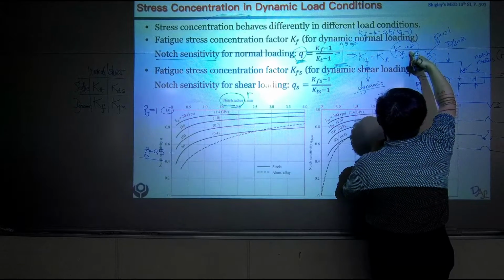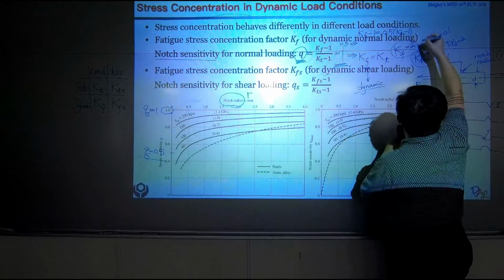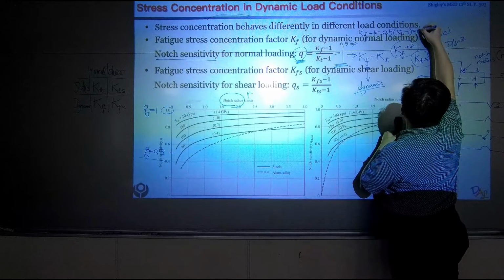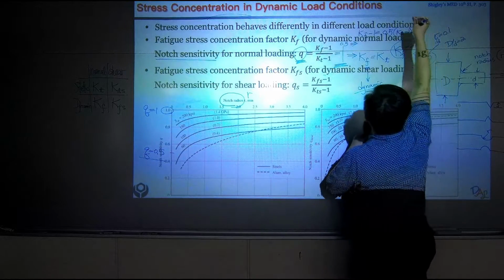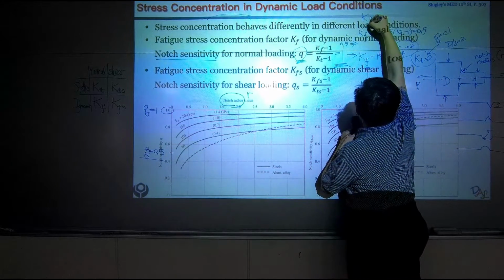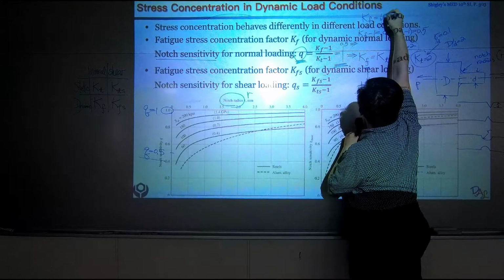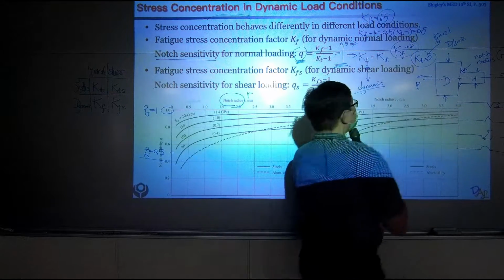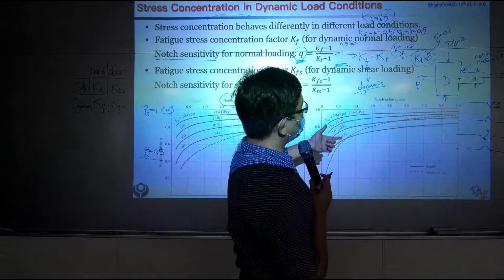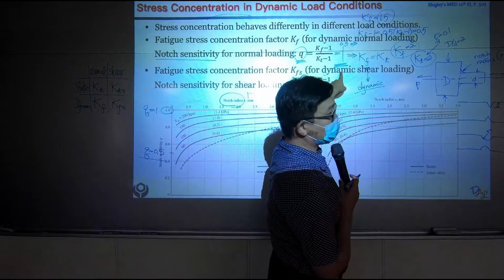And Kt in this case is 2. So at the end, this is 0.5. And at the end, Kf equals 1.5. It is lower than the first case.